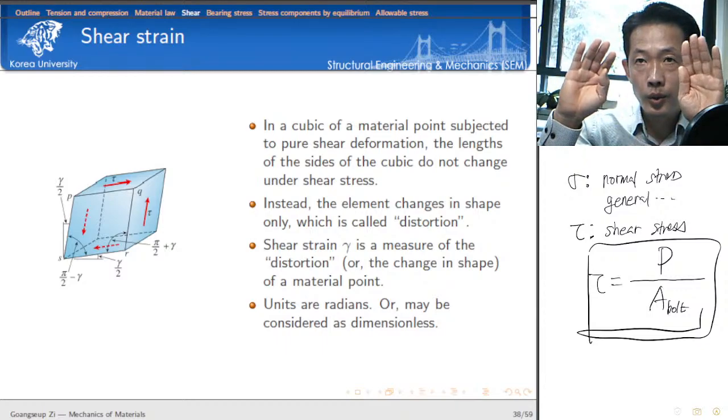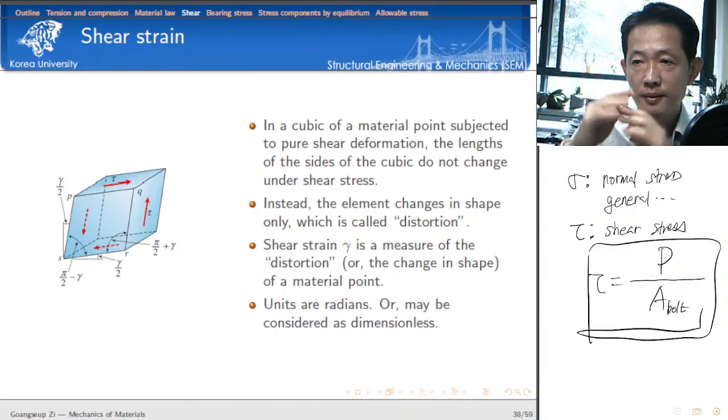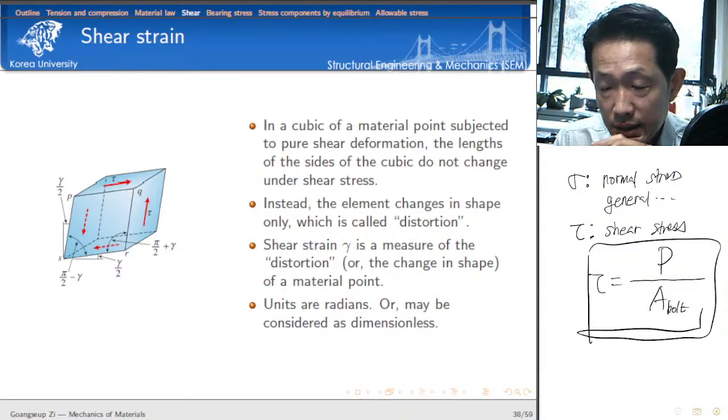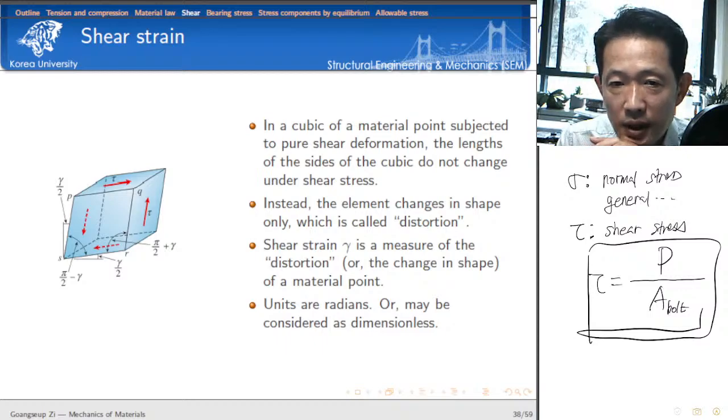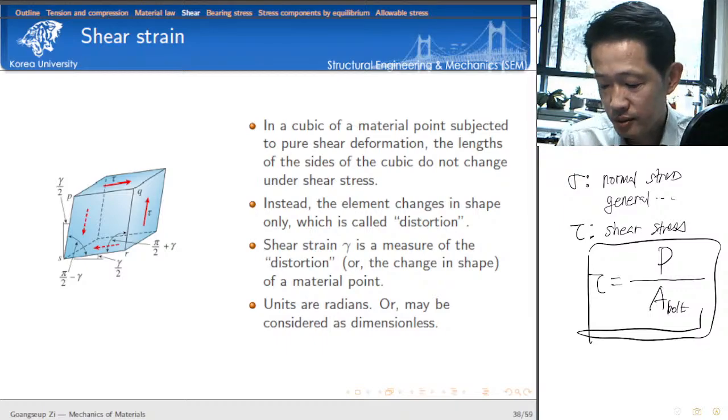And then we need to measure the shear strain. The shear strain is a measurement of deformation or distortion. Let's imagine that the normal strain is a measurement of elongation, the elongation over the length of the member. That's how we measure the normal strain, isn't it? But in the case of shear strain, we measure the distortion, okay?